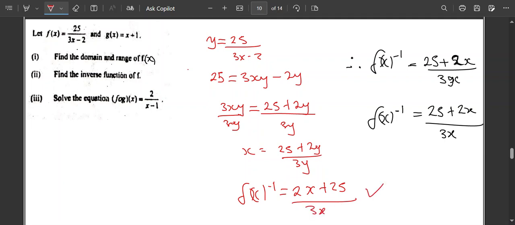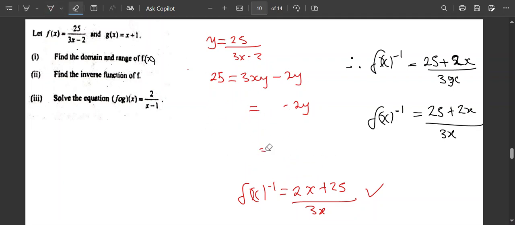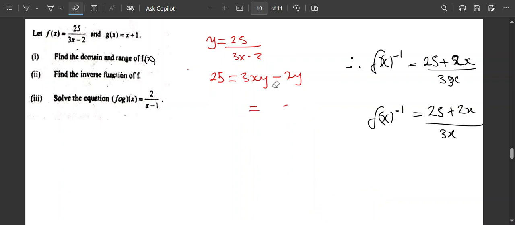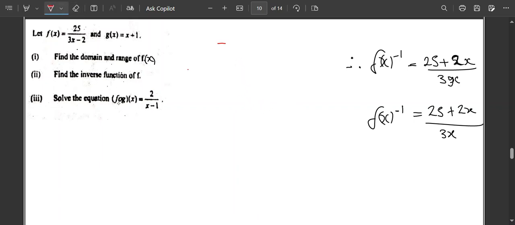Then to solve this equation now, this is very simple that we can't even fail, all of us here. So what we do here is, we said this is fog, right?